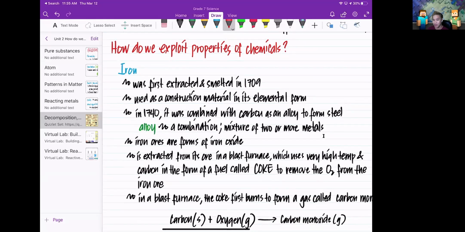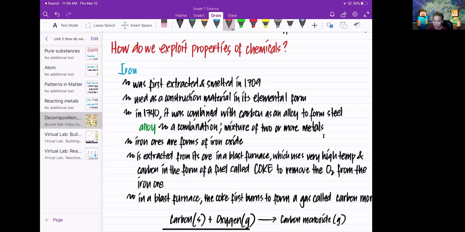And one very important metal, both then and now, is iron. We know that we use iron in construction, nails. Iron is an important metal for industries, especially during the Industrial Revolution in Europe. So iron was first extracted and smelted in 1709.